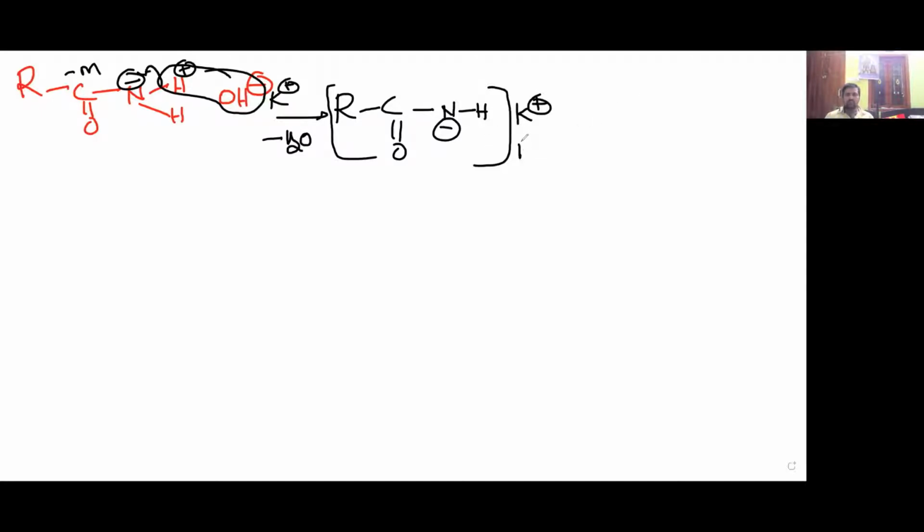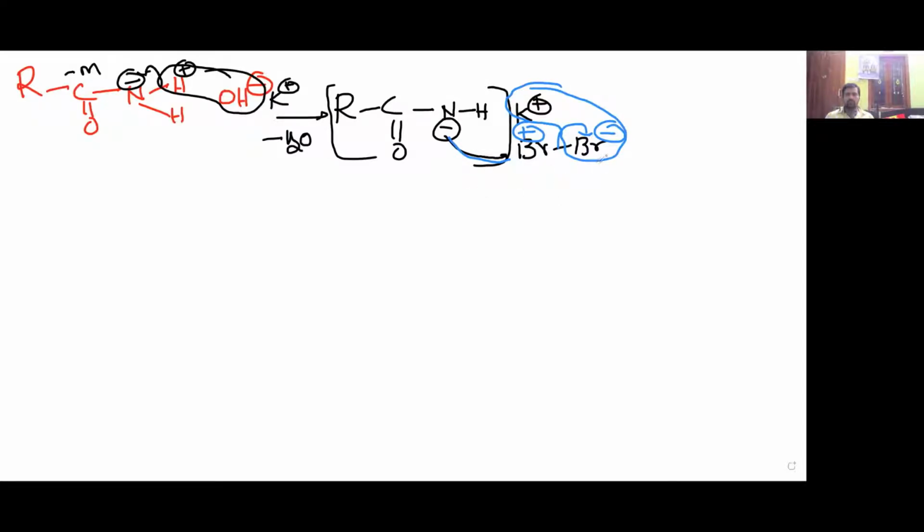After this, this is treated with Br2. So this is the Br2 attacking like this. Then whenever that is attacking, Br leaves as Br minus and Br plus. So what part is eliminated? A simple salt is eliminated.